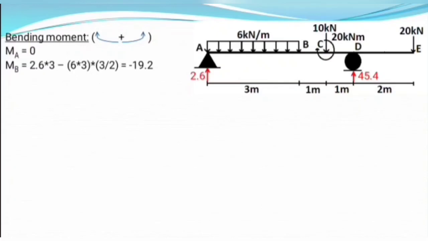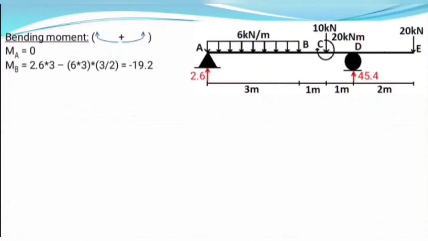Here the total force due to our UDL is equal to 6 into 3, which acts at the center point, at a distance 3 by 2 from point B. So the moment due to the UDL equals 6 times 3 times 3 by 2, which is negative because it acts in the anti-clockwise direction. So bending moment at point B would be minus 19.2.